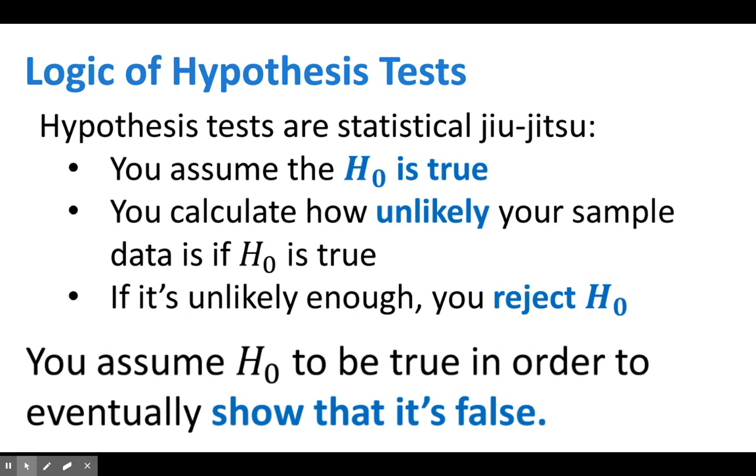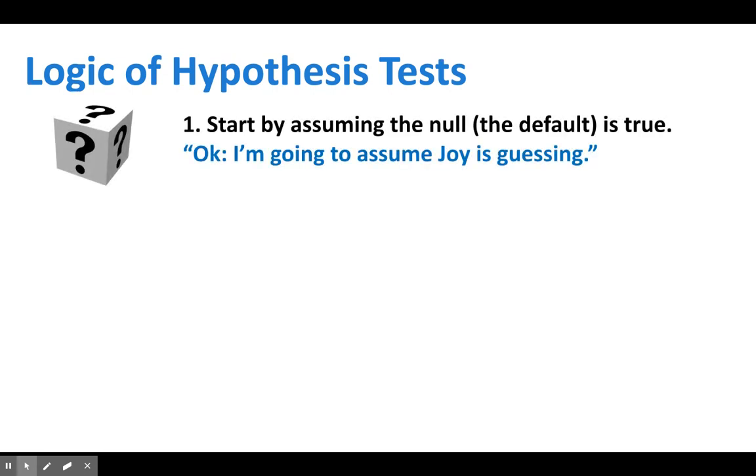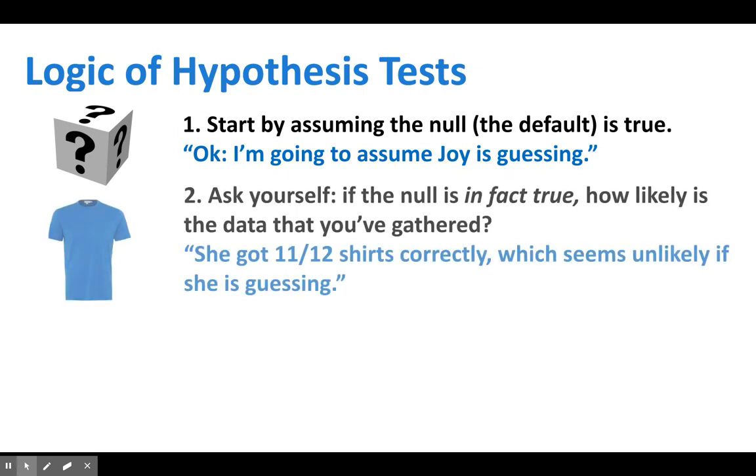So that's weird, but you start out by assuming it's true so that you can then prove that it's actually false. So for this, just going back to our Joy smelling Parkinson's example, the logic that we're going to follow when we do this, we're going to start by assuming that the null is true. Say, okay, I'm going to assume that Joy is just guessing. That's how we're going to start it.